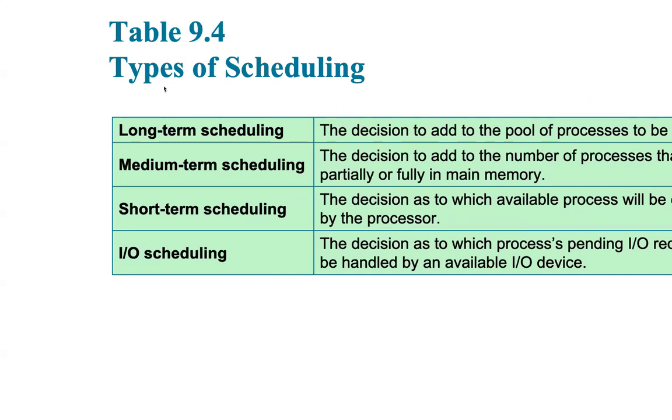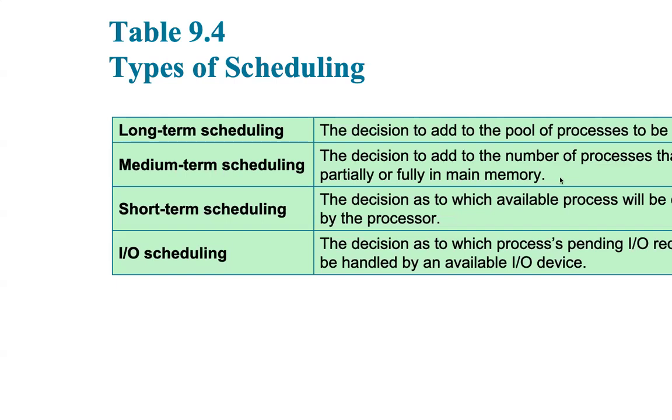These are talking about the types of scheduling. You have long-term scheduling, the decision to add to the pool of processes to be executed. So more things are in the queue. Medium-term scheduling, the decision to add to the number of processes that are partially or fully in main memory. And so you have some of them in this cache, if you will.